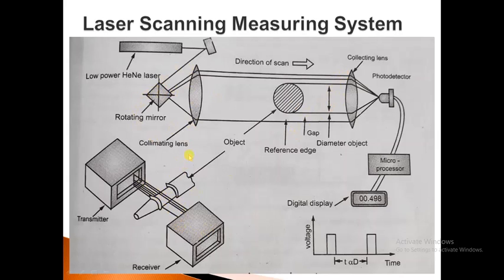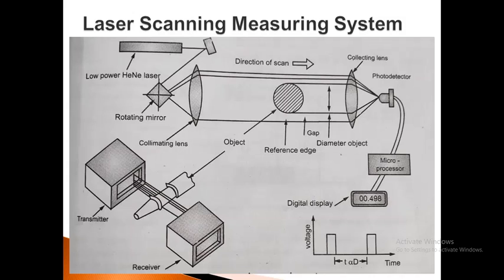The transmitter consists of the collimating lens, rotating mirror, and HeNe laser, and in the receiver you can see the collecting lens, photo detector, microprocessor, and digital display. Let us see.